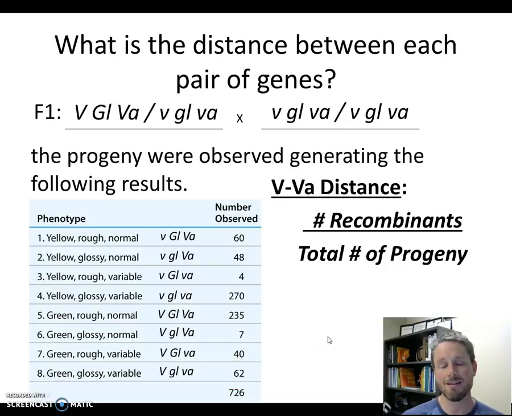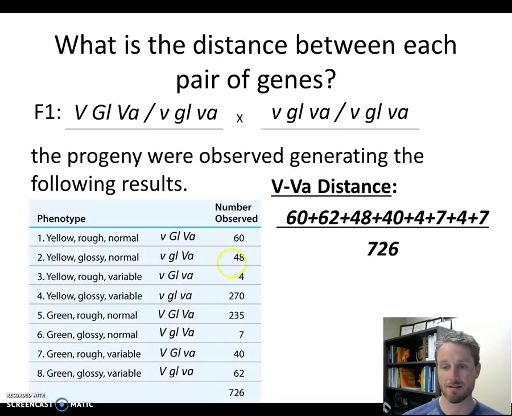But there's one specific detail you have to pay close attention to, and that's to think about these double recombinants. Remember, to get these, we had a recombination event between V and GL and a recombination event between GL and VA. That means that between V and VA, there were actually 2 recombination events. So we have to count those ones twice.